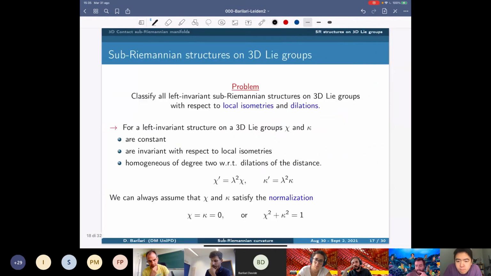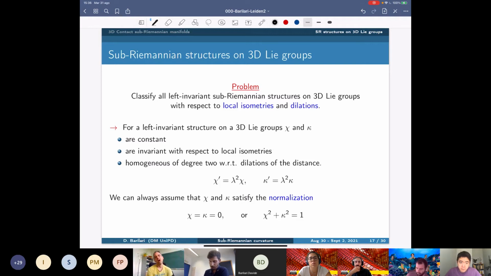Good. Then I will go to the last part of the talk with some more geometric comments on other results. So one possible instance where one can use the invariants chi and kappa is to try to classify left invariant structures on Lie groups, three-dimensional in this case.